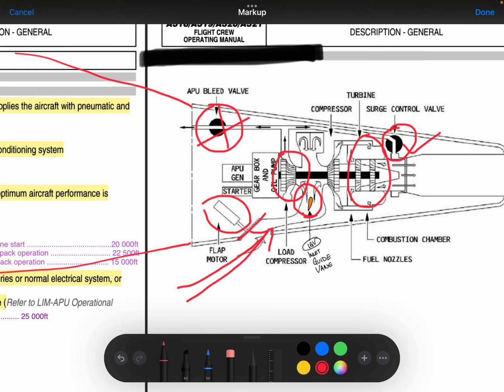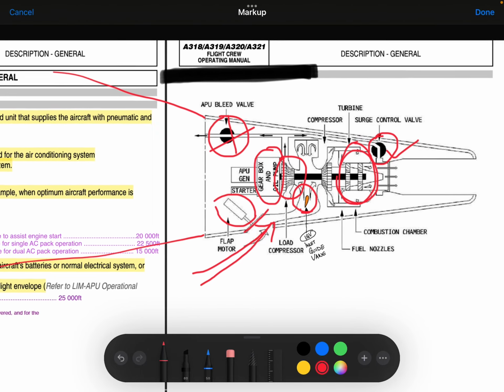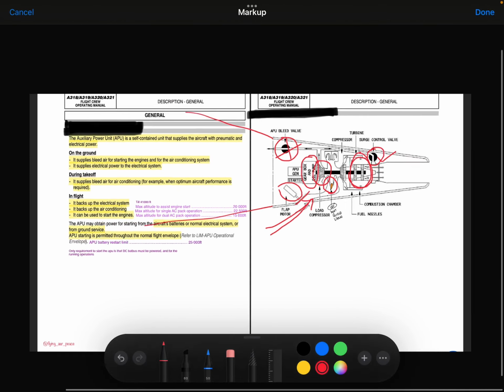So we have a gearbox, as in engines we have accessory gearbox where all accessories are mounted. Right. This is combustion chamber.